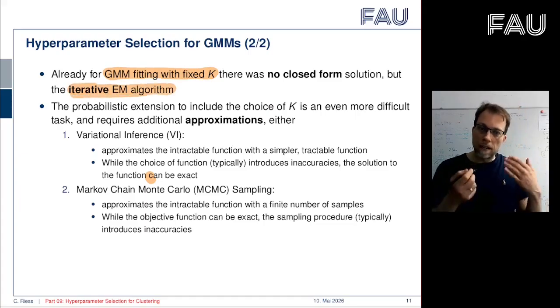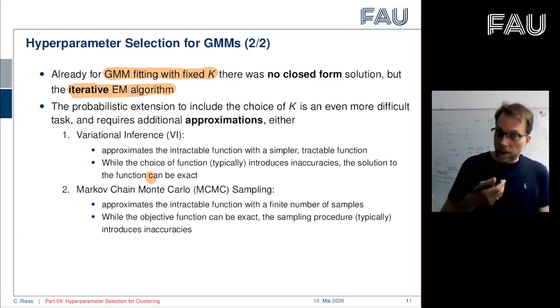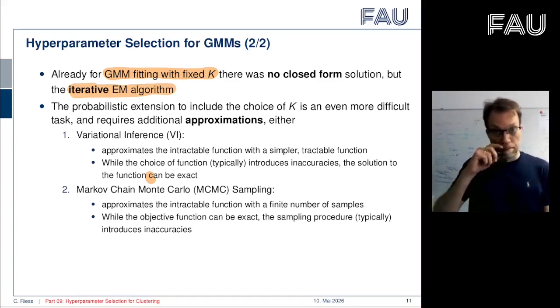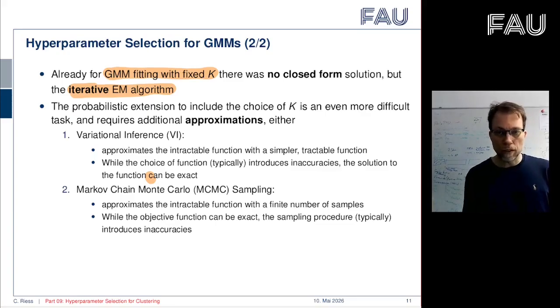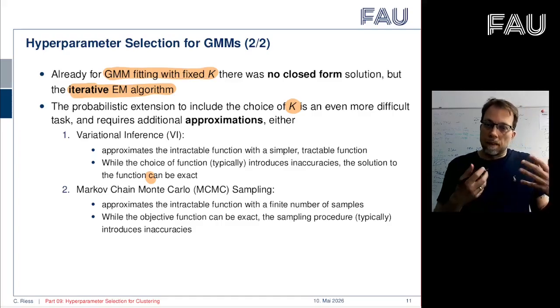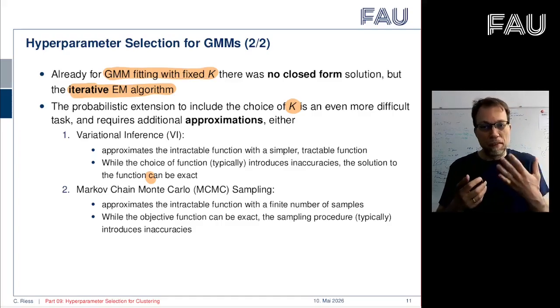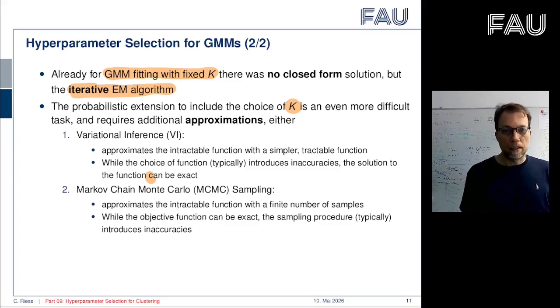Now, if we further extend this, we also want to dynamically choose K, the number of clusters, then we are making the task even more difficult. And it turns out that we need some additional approximations in order to be able to solve this. And this is what we're going to talk about in the next weeks.